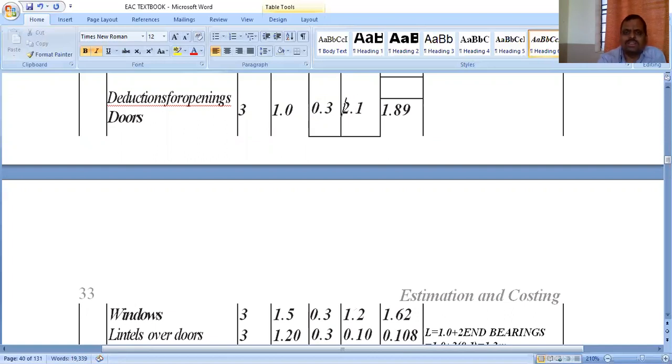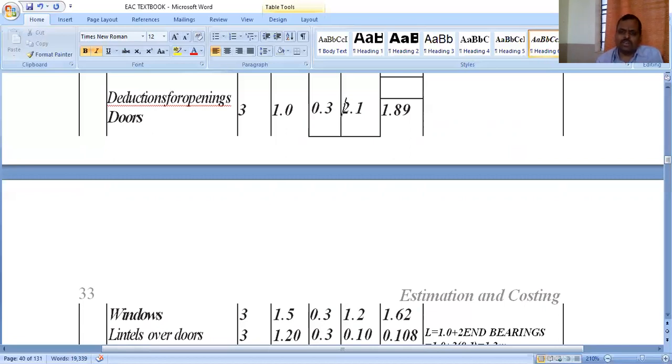Now see here, if we observe this room or your home also, you are going to see that there are a number of doors as well as a number of windows. First of all, we are going to deduct the doors. While constructing any room or any structure, the brickwork is done excluding the quantity of the door as well as the quantity of the window.